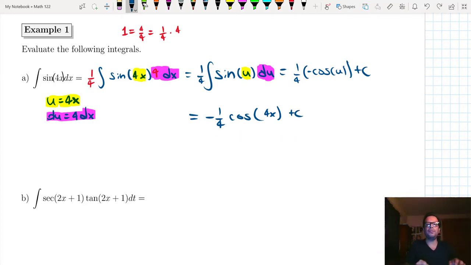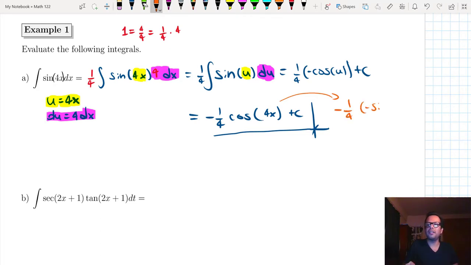And you might want to verify this result by differentiating. If you take the derivative of this, what is the derivative of cosine? Isn't that negative sine? Negative sine of 4x, times a mini chain rule, times 4, which is the derivative of the quantity inside of the cosine function.